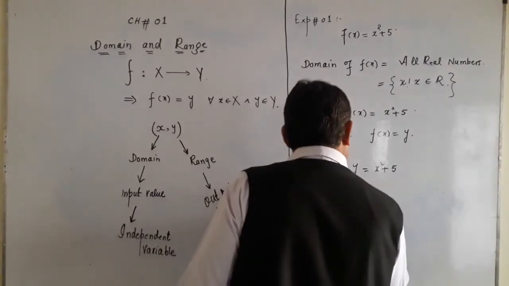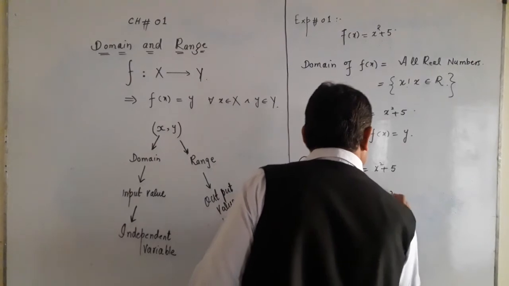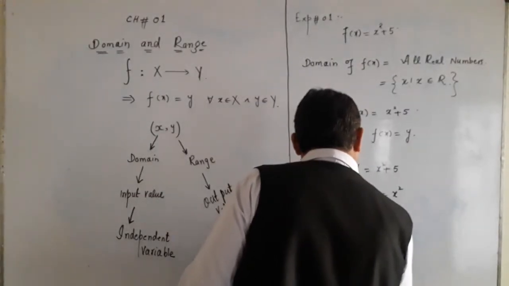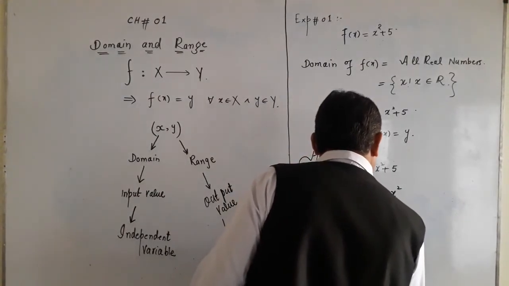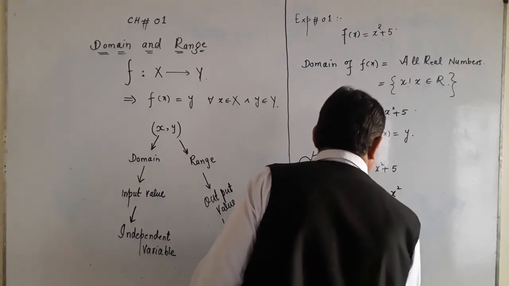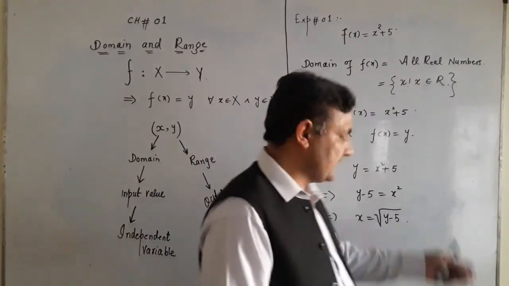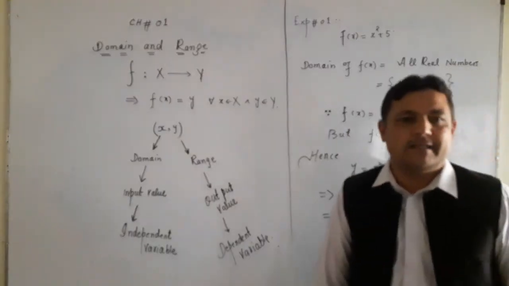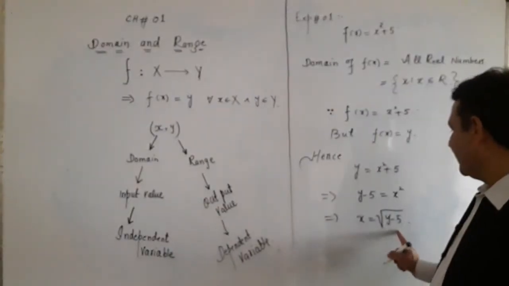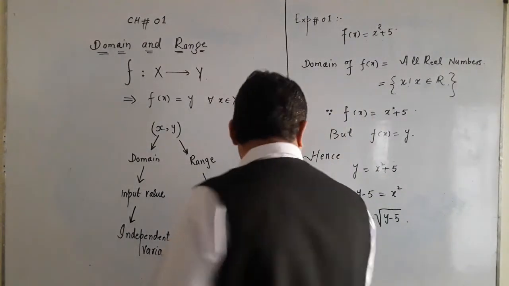This implies that y minus 5 is equal to x square, which implies that x is equal to the square root of y minus 5. Taking square root on both sides, we get x is equal to plus or minus the square root of y minus 5.